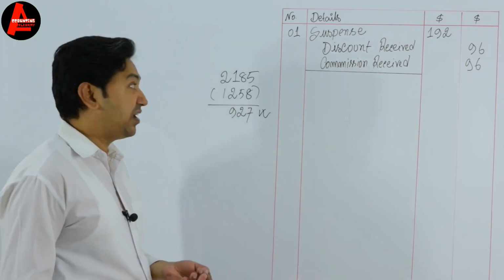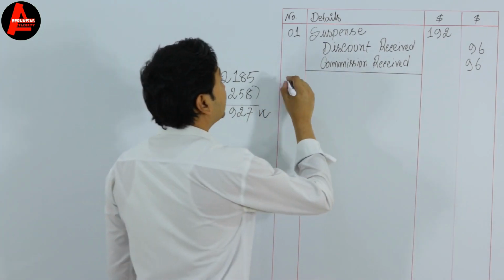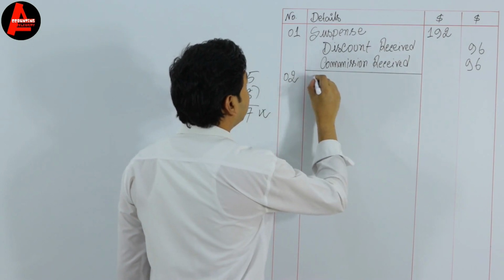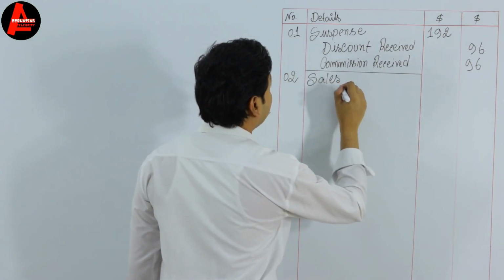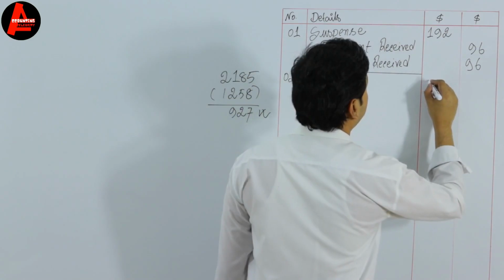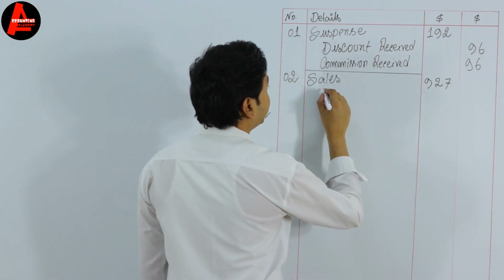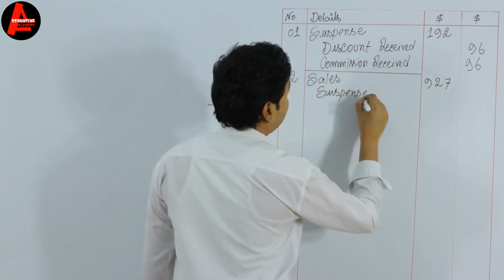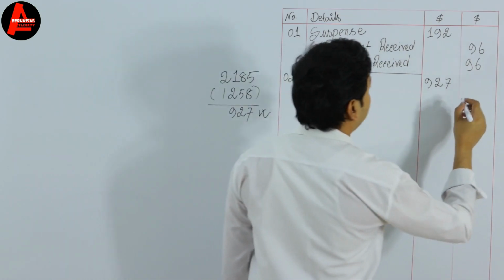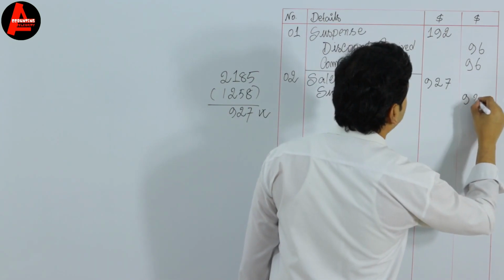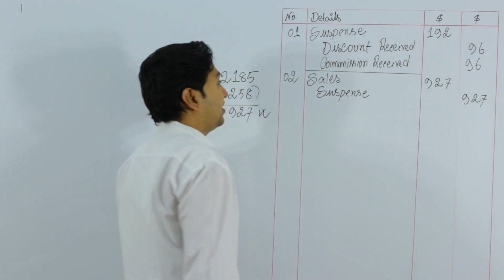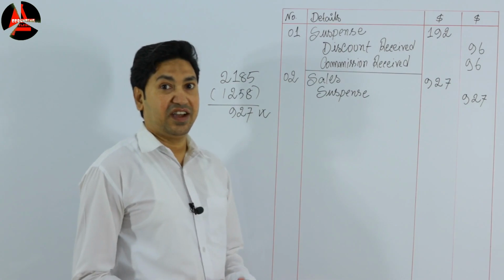So sales will be here debited, okay? So let us write here number 2. We will write here sales account to be debited 927, and we will write here suspense account, okay? Account to be credited with the same value 927. Okay, so this is done.